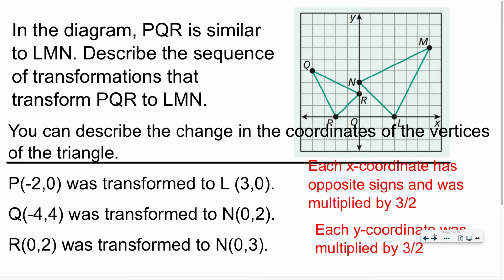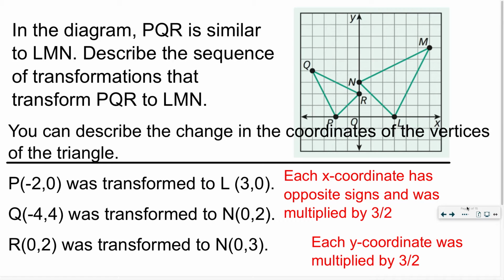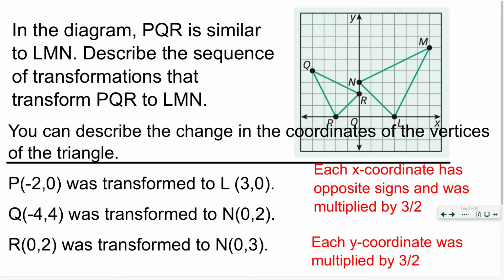Okay, so we can describe the change in the coordinates here because the way we moved it, we transformed our figure in 2 ways. This is just an example of 2 transformations.